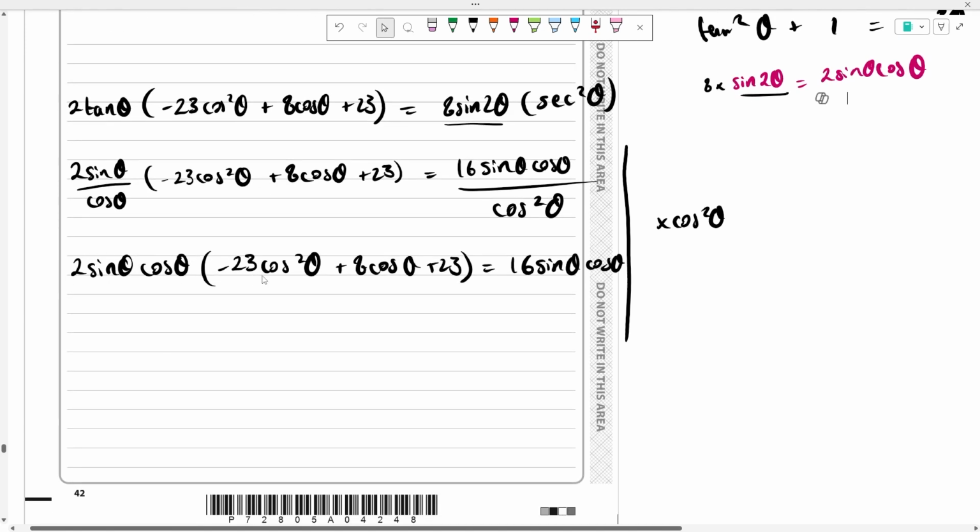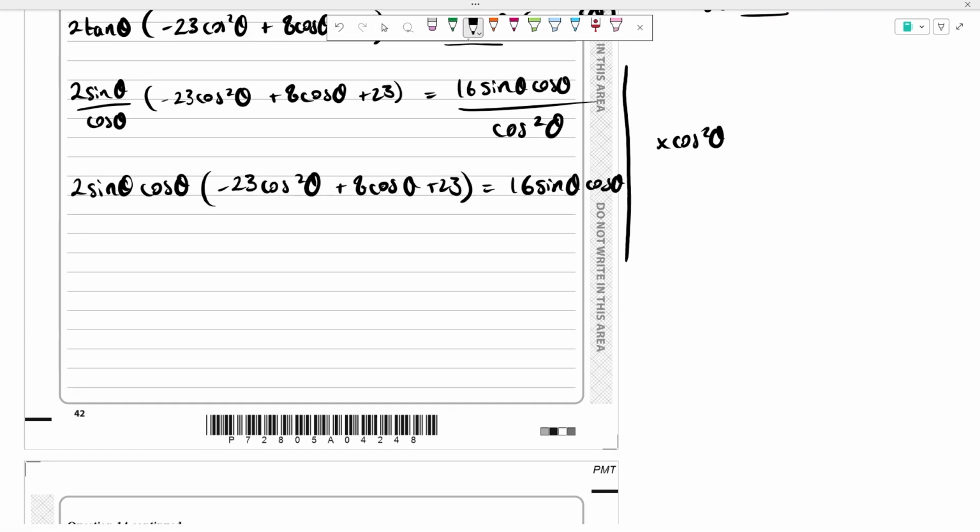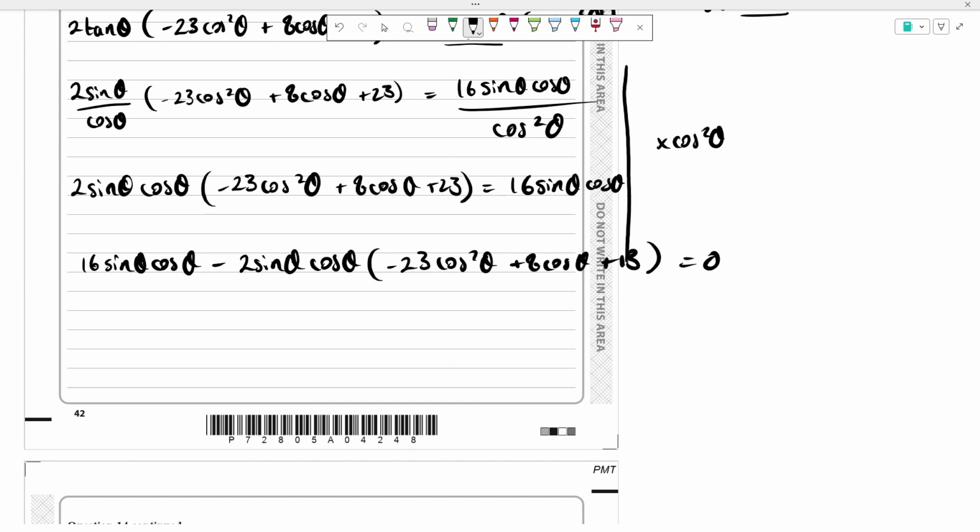I'm going to move this whole expression onto the right side, or you can move it to the left side as well. That doesn't really matter. I'm going to move it to the right side, so I end up with 16 sine theta cos theta minus 2 sine theta cos theta times by this plus 13 is equal to 0.